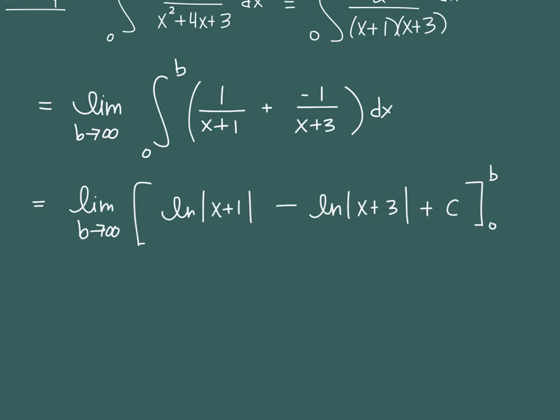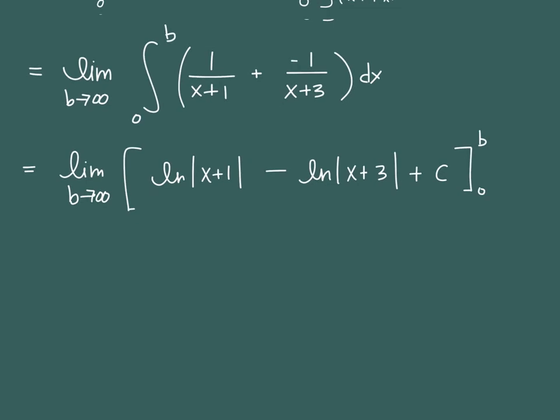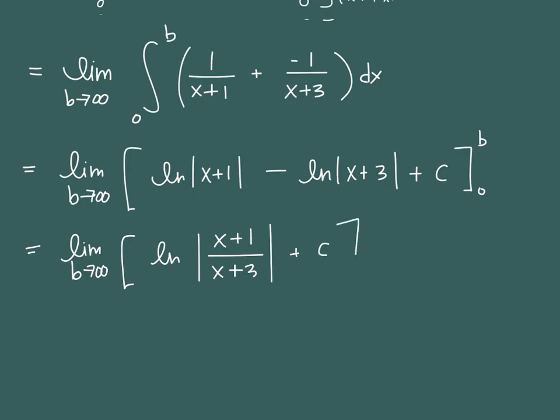Okay, so this is a subtraction. The rule of natural logs is that when you subtract 2 of them, it will be the natural log of the absolute value of x plus 1 over x plus 3 plus c from 0 to b.